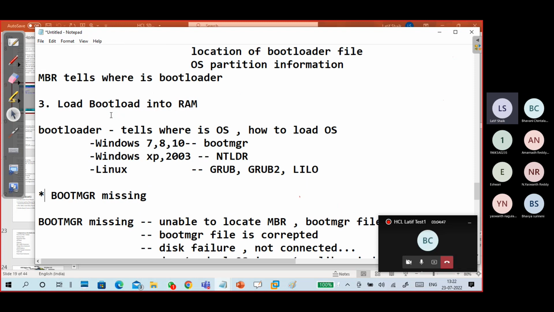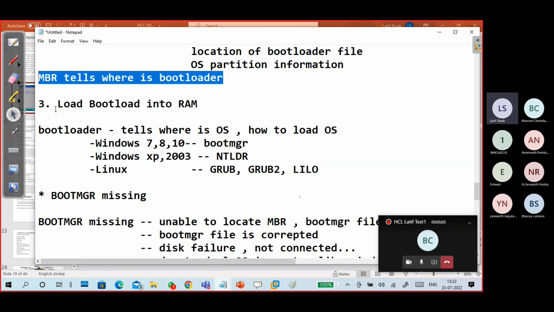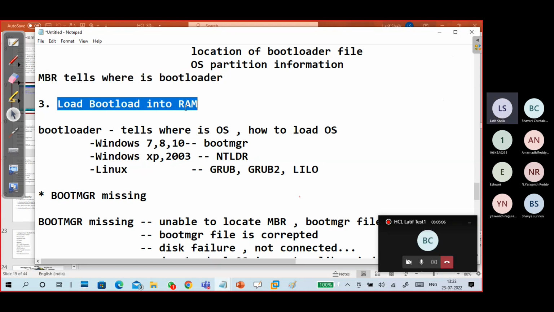Okay, so if the system is on, the MBR will tell how to load the boot MGR file. Where is the boot MGR file? And the boot MGR file will be loaded. The boot MGR file is the bootloader, and it will load into RAM.